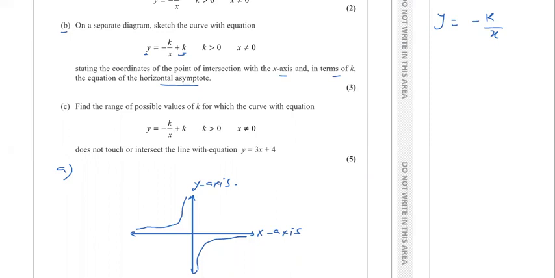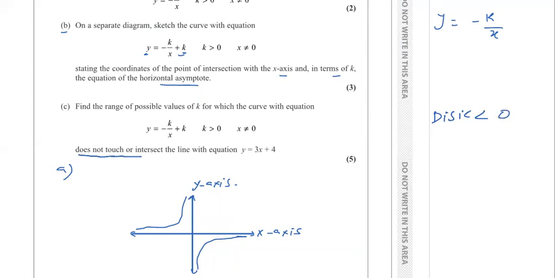I will equate both of them and make a quadratic equation from them. As the question is saying that y is equal to minus k over x plus k and y is equal to 3x plus 4 do not touch or intersect, I will take the discriminant. And we know that if the discriminant is less than 0, then the two will not touch each other.